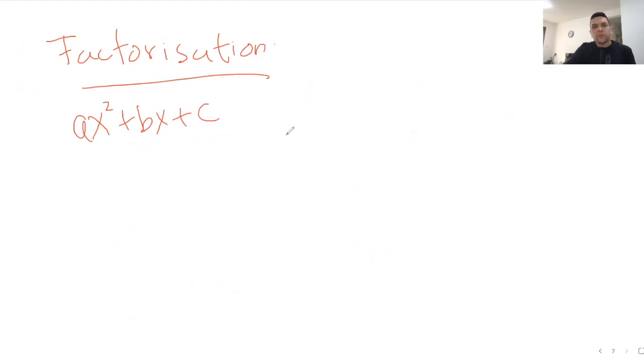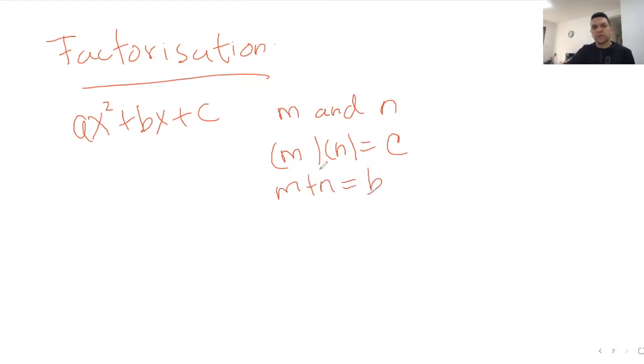What you need to do is find two numbers, two integers m and n, right? Whose product will give you c, and whose addition will give you b. That's it. That's what we need to find when we use factorization.